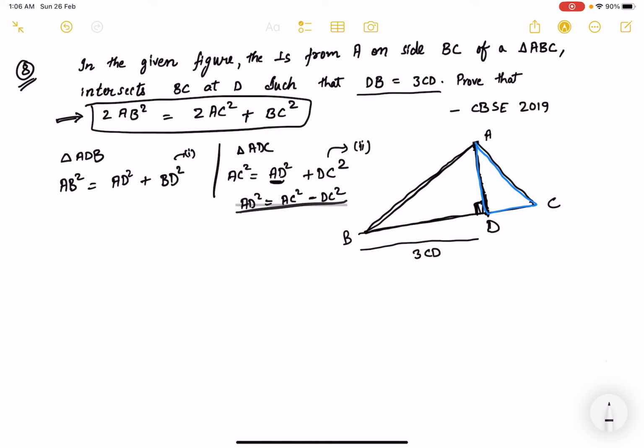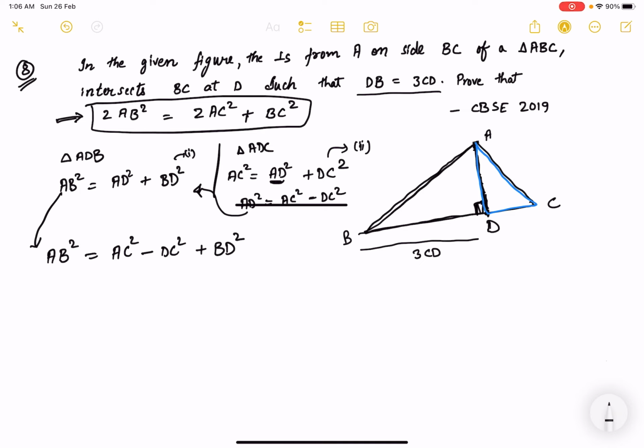So we'll substitute this value in equation 1. So AB square is equal to AC square minus DC square, plus BD square.